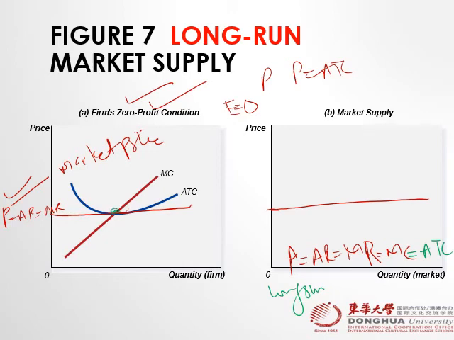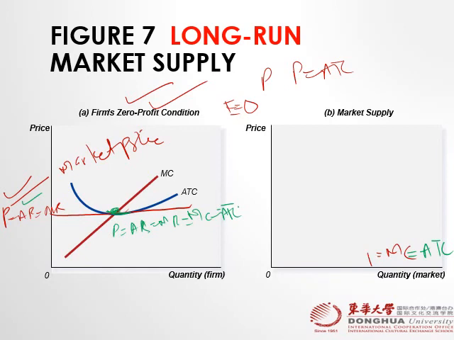So here at this condition, we have price is equal to AR, right, is equal to MR is equal to MC, and the ATC is also here. In that sense, our supply curve is horizontal, right? And this is the formula for the horizontal supply curve. So let me just remove that one, and we see a very nice graphical analysis here.